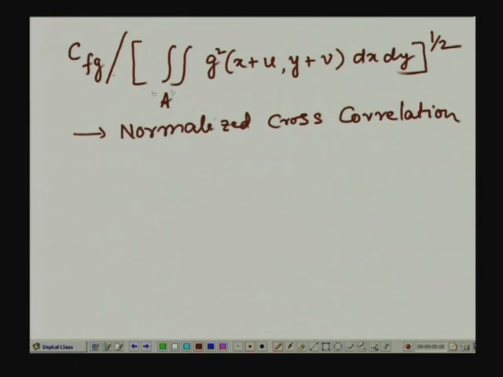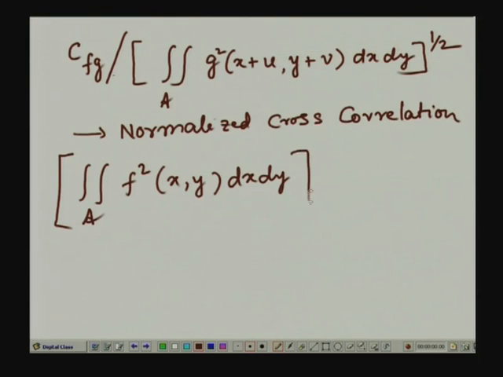So, once we consider this normalized cross correlation, you find that CFG will take the maximum possible value, which is given by the square root of the double integral of f square x y dx dy over the region A. Because this is fixed, the region of integration is not very important.